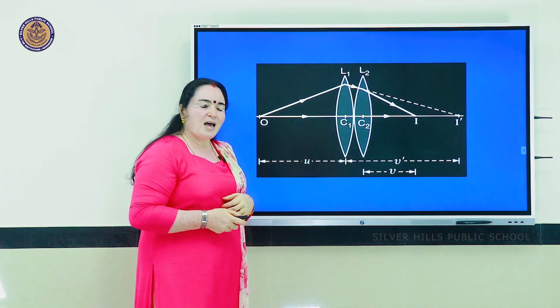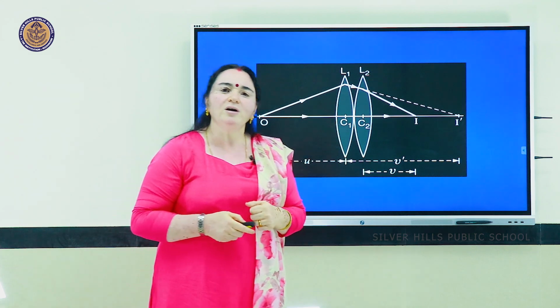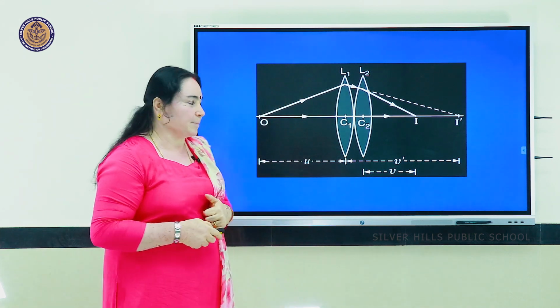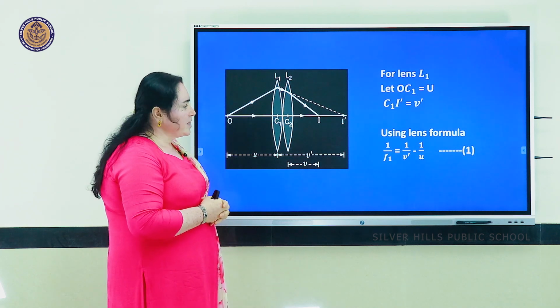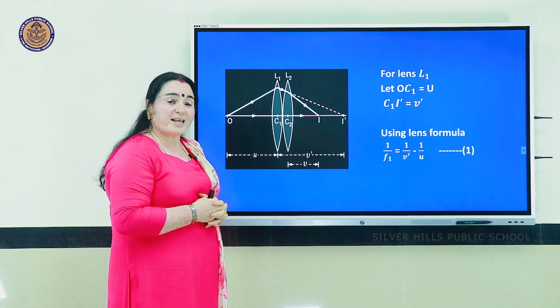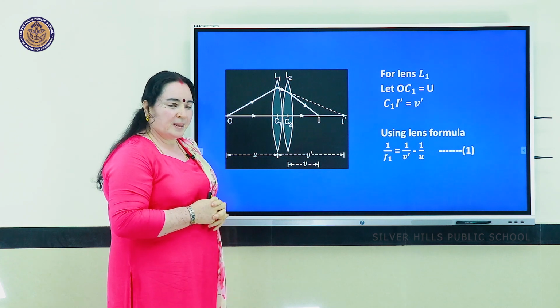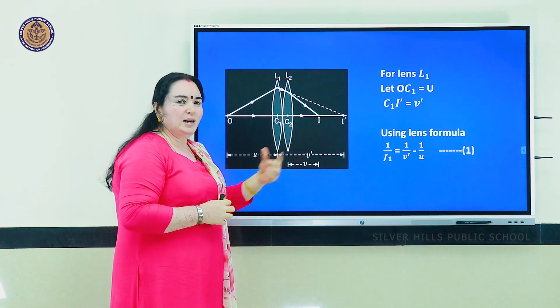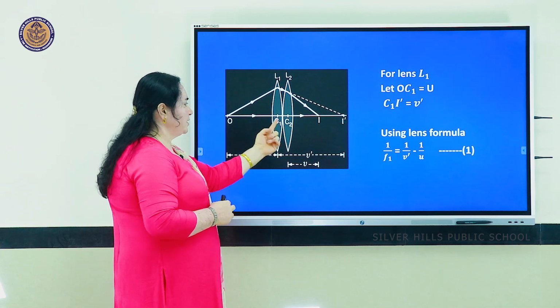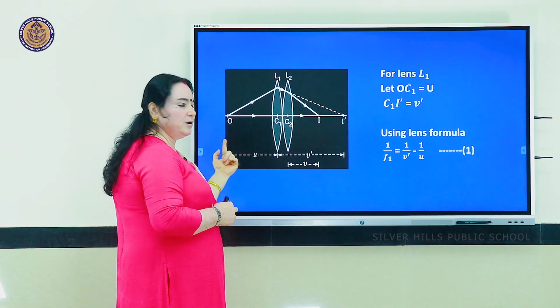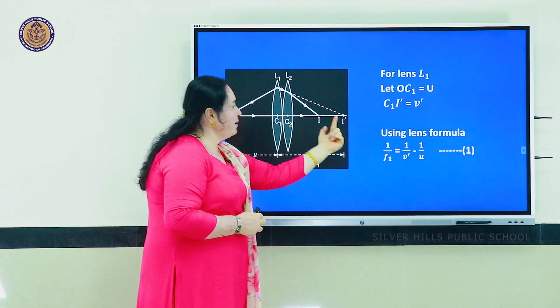So in this case, how are we going to find out the focal length or the effective focal length? We are going to use the lens formula twice over here, and that too for these individual lenses. Let us check out with the first lens. We are going to have the object position and the image position.